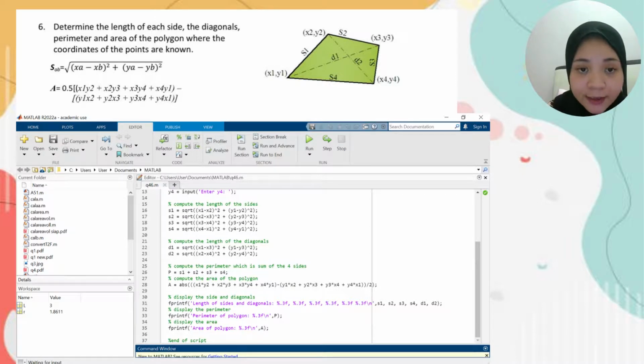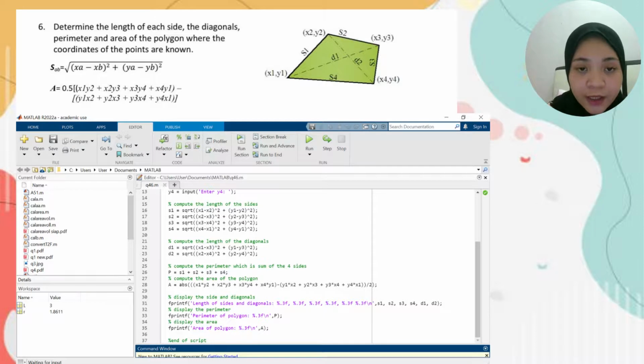So the equation is A equal to ABS of x1 times y2 plus x2 times y3 plus x3 times y4 plus x4 times y1 minus y1 times x2 plus y2 times x3 plus y3 times x4 plus y4 times x1, and then all divided by 2.